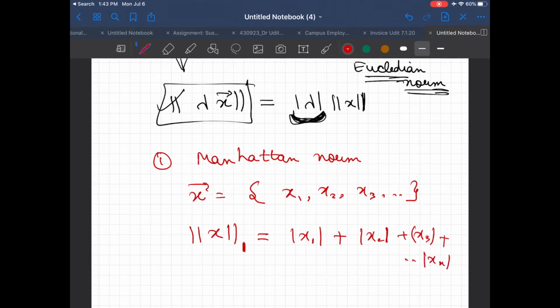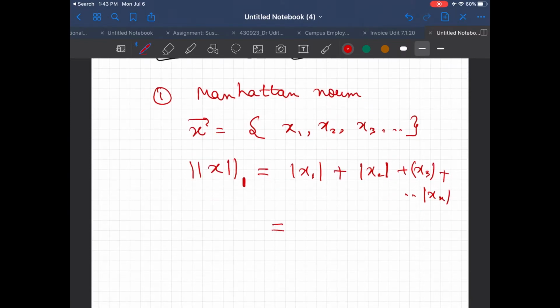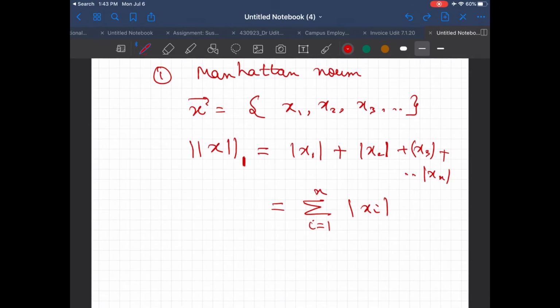So basically what we are doing, we are taking each element, taking its modulus and summing it with our other elements, and in compact form we can write it as the summation for i from 1 to n of modulus of xi. And this particular norm is also typically used when we talk about lasso and ridge regressions.